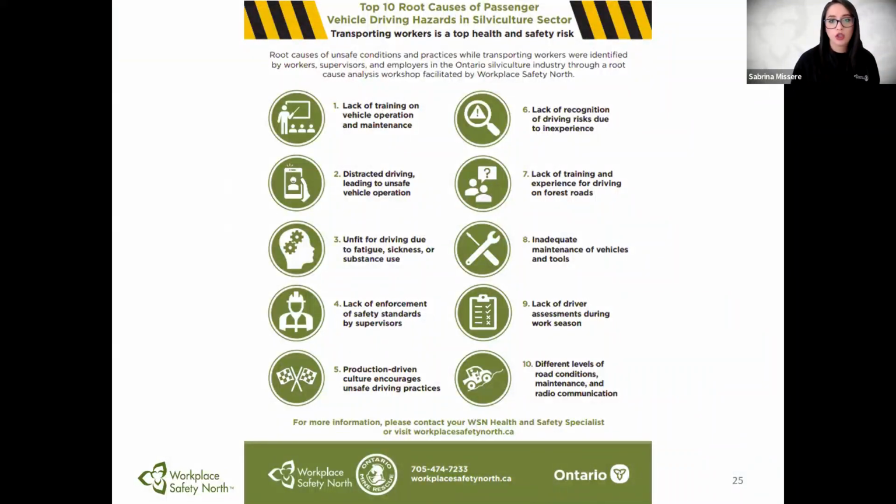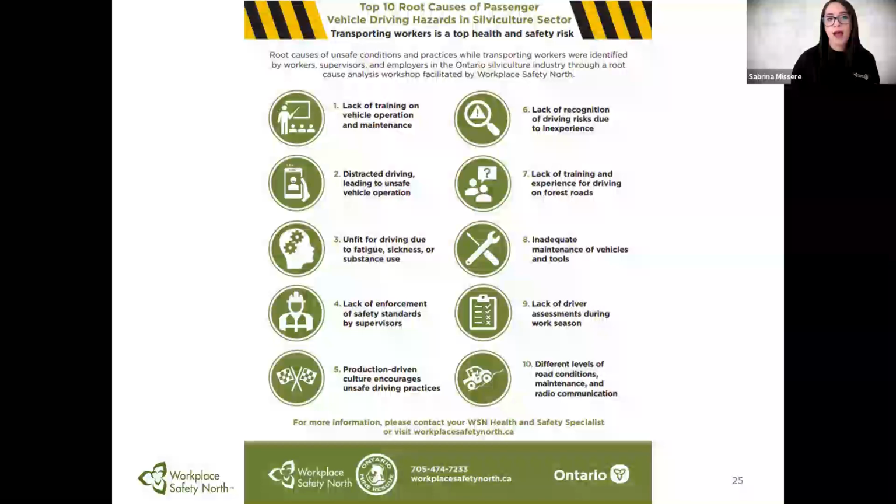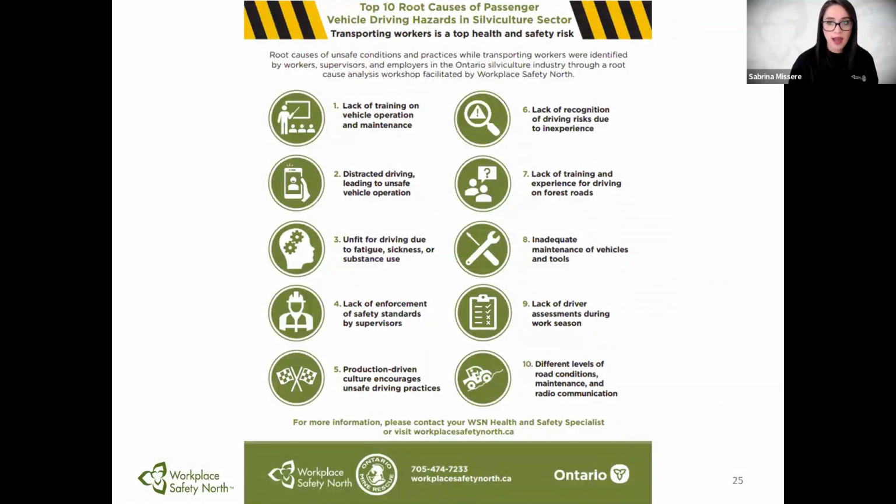We did want to look particularly at driving hazards with a focus on passenger vehicles as it relates to the silviculture sector, with the use of buses, passenger vans, crummies, etc. So here is a look at the top 10 root causes of passenger vehicle driving hazards.